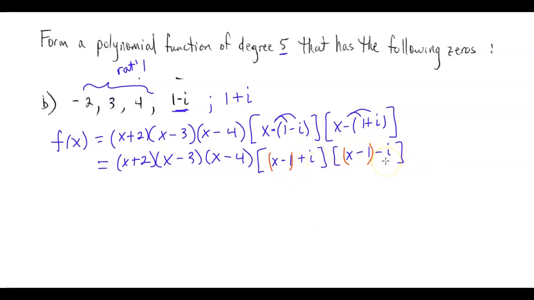Same deal here. So I'm looking at this as an a plus bi times a minus bi situation. And we know that a plus bi times a minus bi is just a squared plus b squared. That's what I'm going to use to simplify the multiplication.